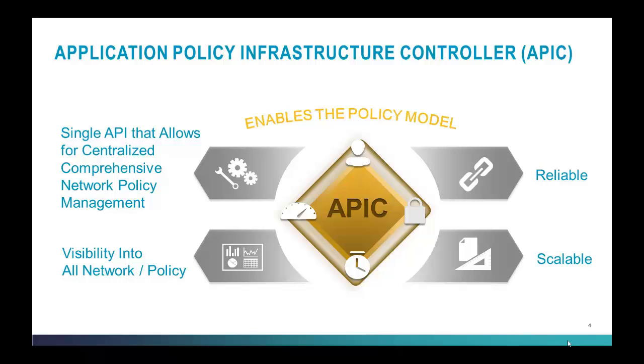Now the cool thing about this, it's very scalable, and it's got redundancy within it. Not only that, but it's actually got an open source API, which is XML based, which means you don't necessarily have to just run the Cisco GUI to manage the ACI fabric.